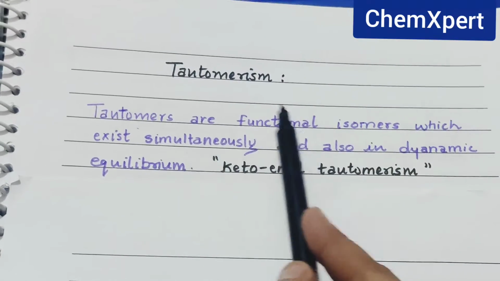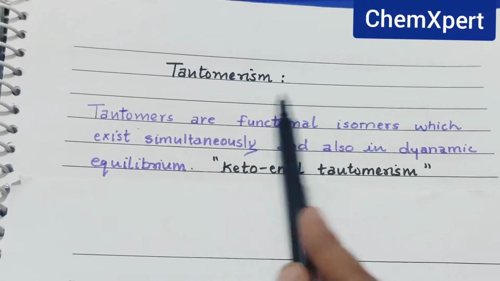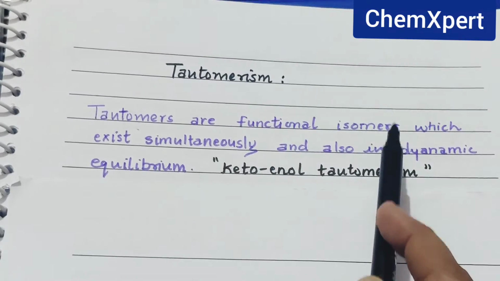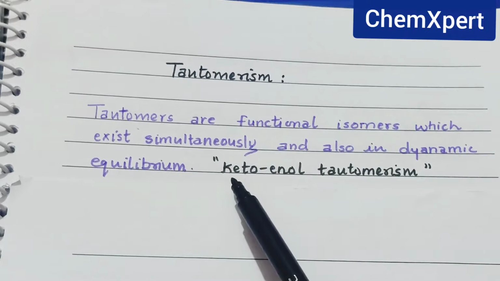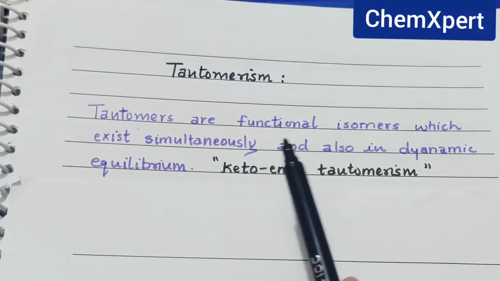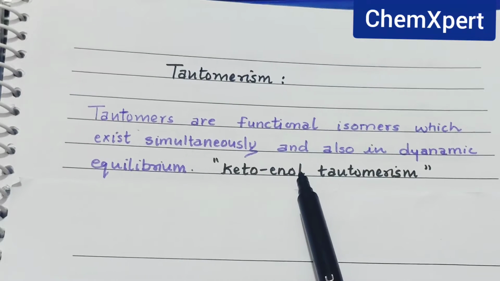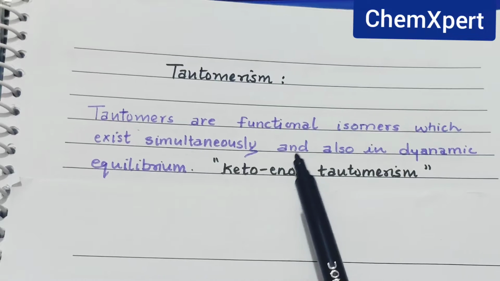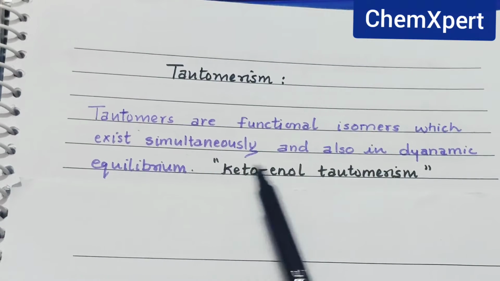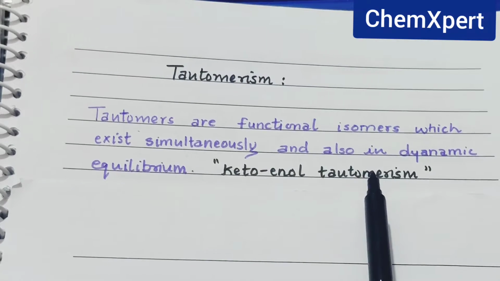Tautomers are functional isomers, which means the functional group changes when this isomerism takes place, and it is most commonly observed in ketones, which can easily be converted into enol form, which means they contain ene as well as ol in it, that is alkene as well as alcohol group. That type of isomerism is known as keto enol tautomerism.